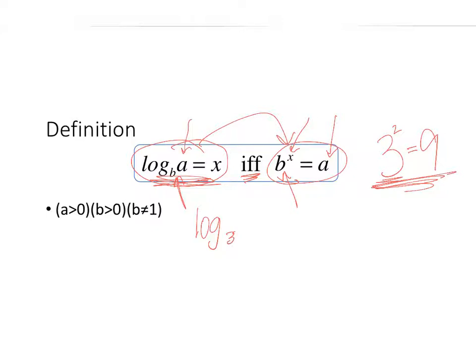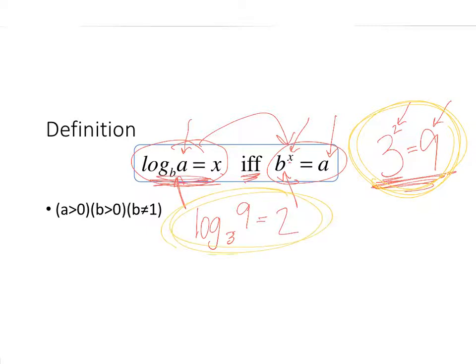A stands for the answer. The answer over here was 9. And X stands for exponent. So this equals 2. What I want you to see is that this original exponential equation is perfectly, exactly the same as this equation. It's just a different way of writing it.